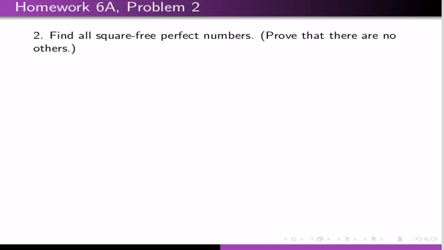Number 2, find all square-free perfect numbers and prove that there are no others. Okay, so when we deal with perfect numbers, there's the case of even perfect numbers and odd perfect numbers. So suppose n is an even perfect number, square-free.